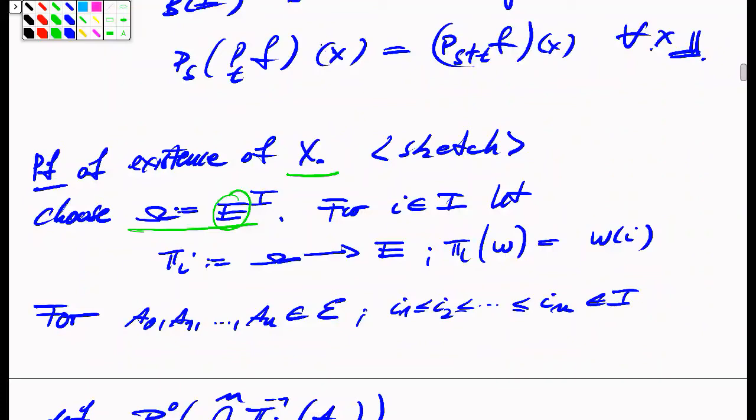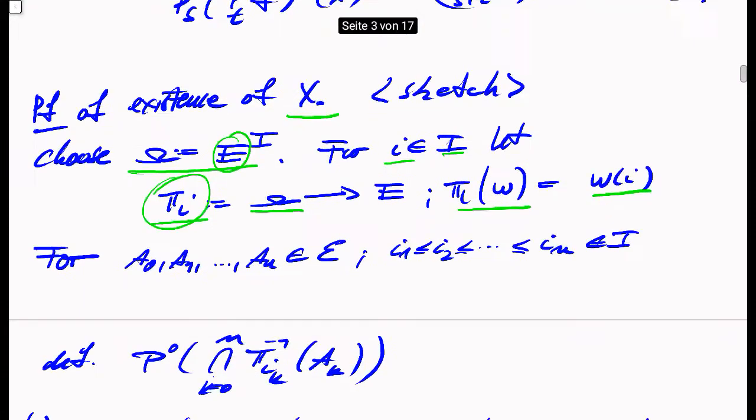Each such function is called a trajectory. And then we have the evaluation map for each i in the parameter set: if we have one trajectory, then the projection map is just the evaluation of the trajectory at this time point i.